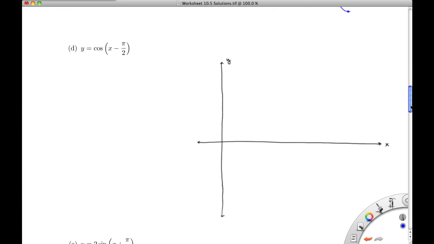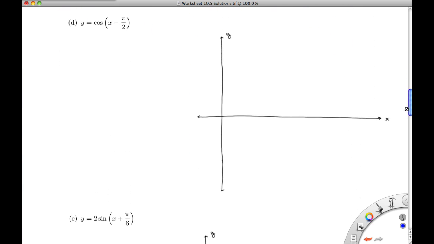Okay, so part D. We're going to take cosine, and looks like we've got some other things going on inside here, so this will be a nice little change of pace. So we'll go through and we'll identify all of our key points. Our A, that's just 1. Our omega is also 1, the coefficient of x.